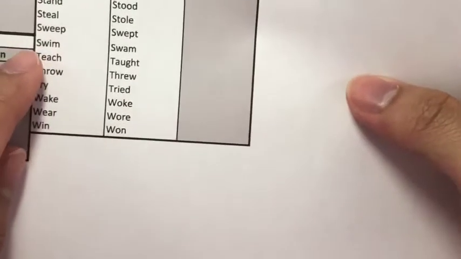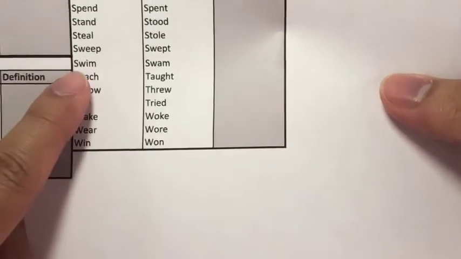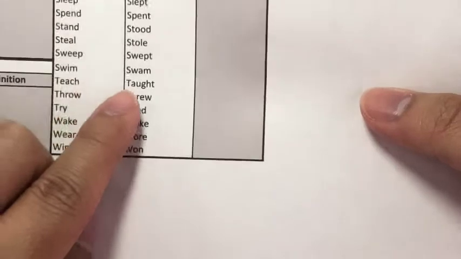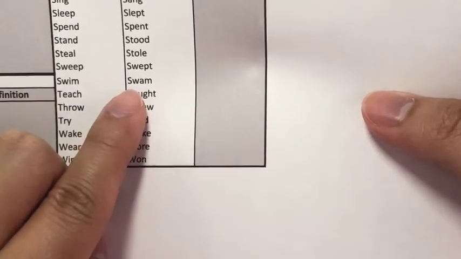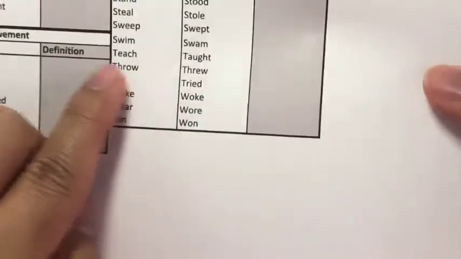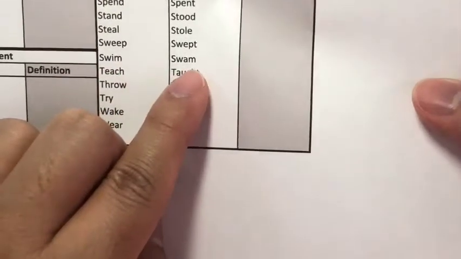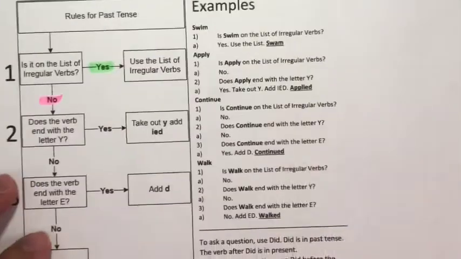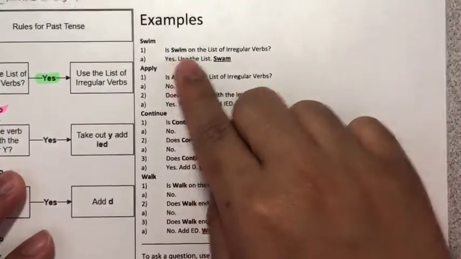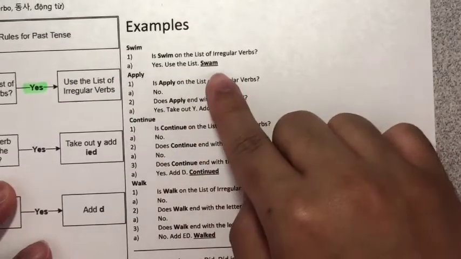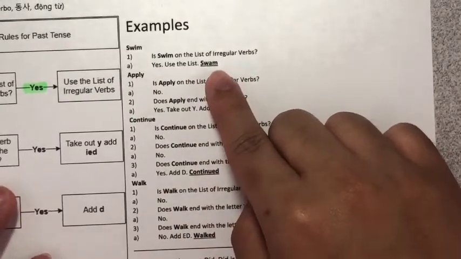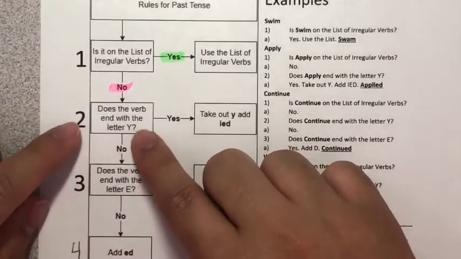So I swim today. Yesterday, I swam. The past tense of the word swim is swam. Present, past. So because swim is on the list of irregular verbs, yes, we use the list. We say swam.